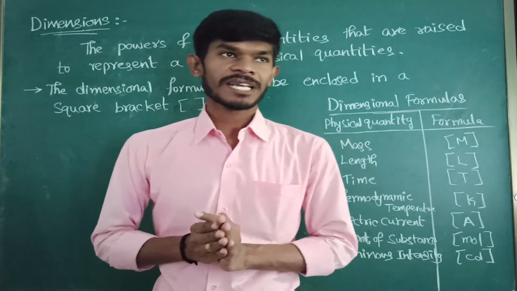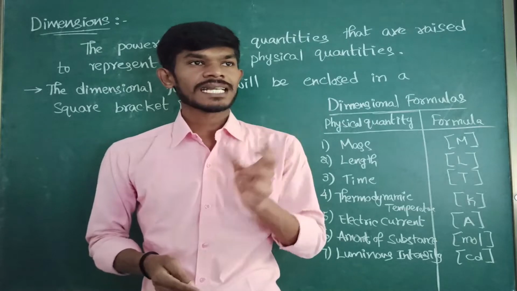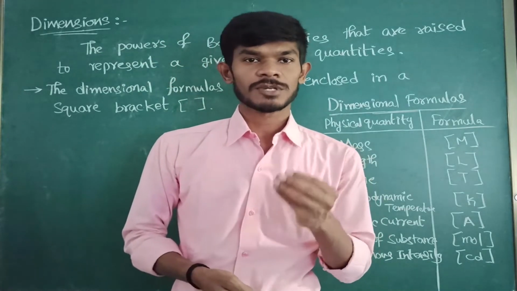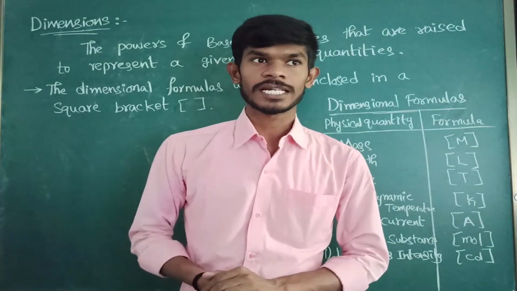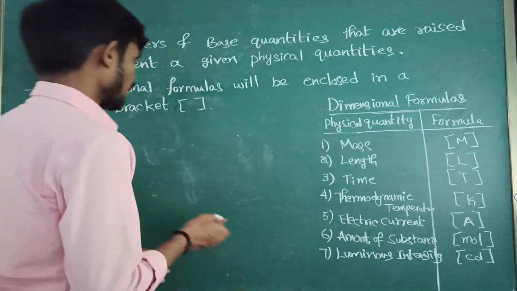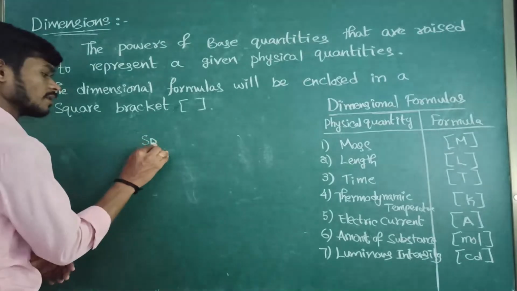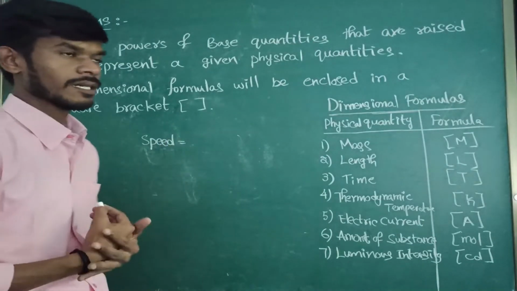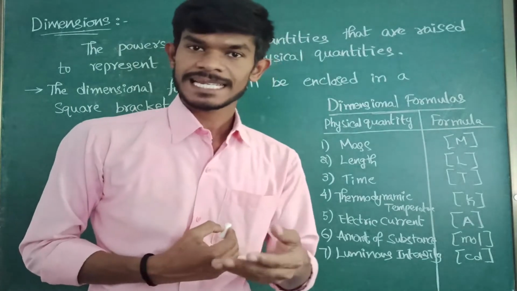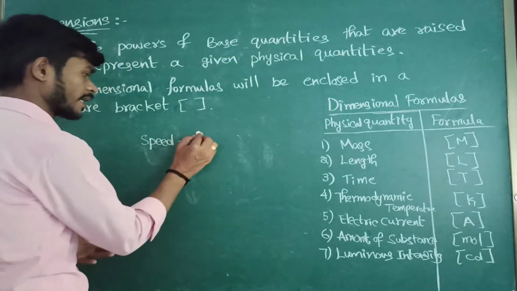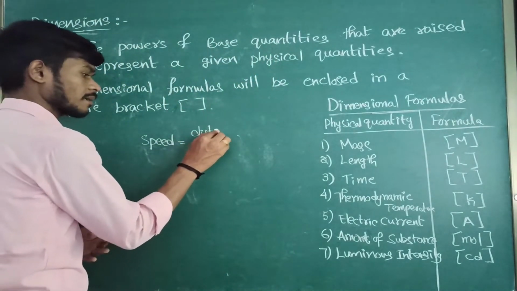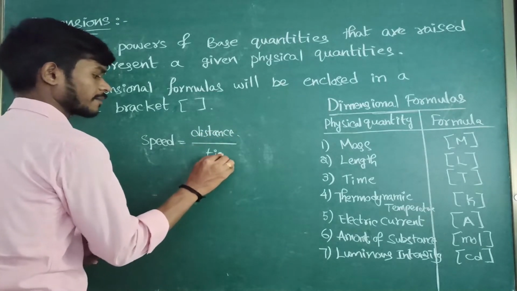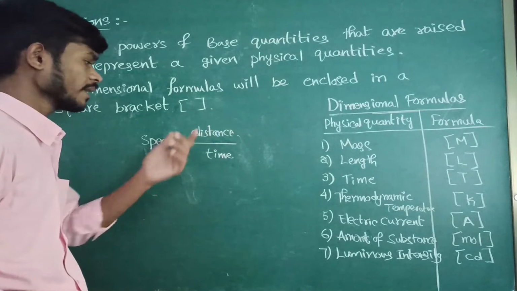See here, if you consider a derived physical quantity like speed, speed means the distance traveled divided by the time taken. So here, distance by time.